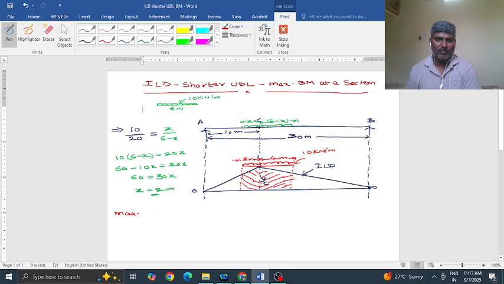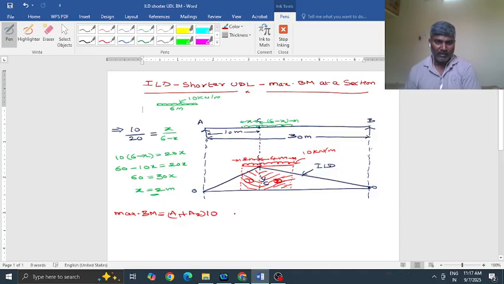Let us say this is area 1 and this is area 2. I shall calculate A1 plus A2, the total area, multiplied by the load value. This will give me the maximum bending moment.